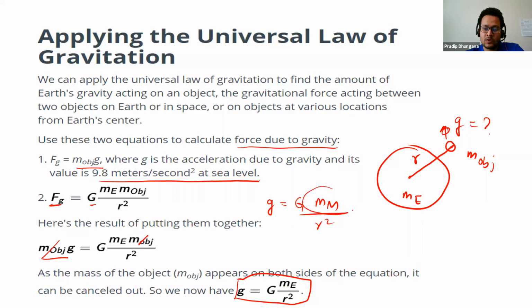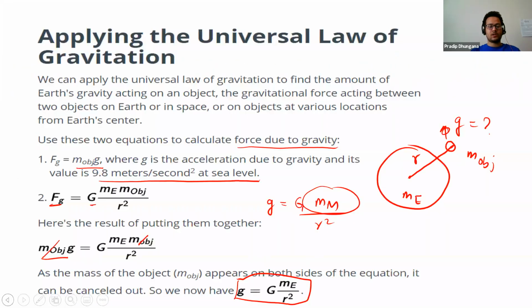That means we have to replace the mass, and we have to calculate the distance between the object and the center of that planet. In that way, we can calculate acceleration of gravity. Now let's go to the next slide.